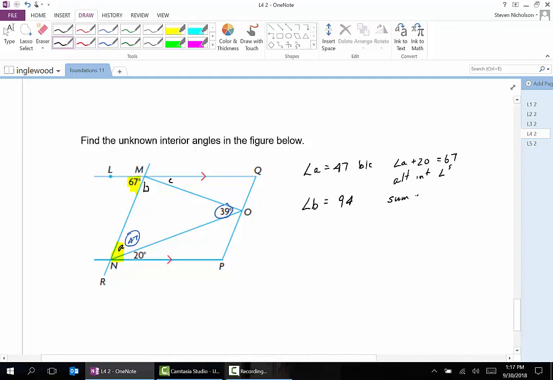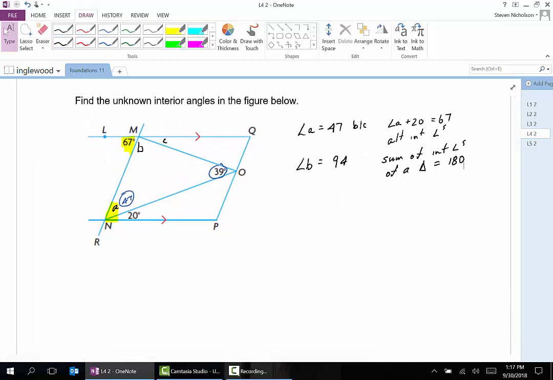Again, sum of interior angles of a triangle equals 180 degrees. So I add 47, I add 39, and the leftover from 180 is equal to 94. And again, that's important because that's the only way I can answer this question. So now I know A is 47, I know B now is 94.